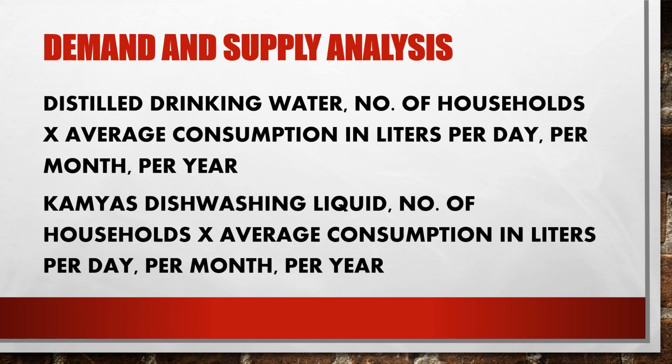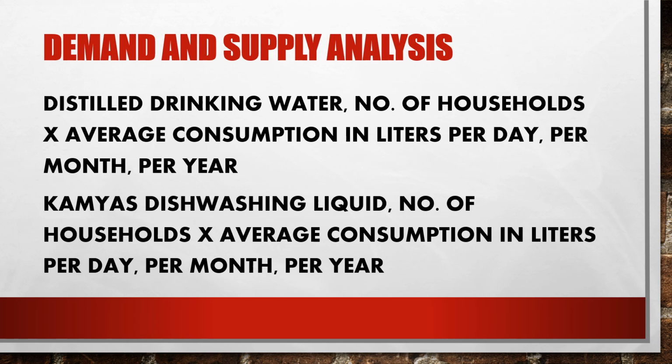Let us say your target market is the province of Bataan. You have the number of households in Bataan, then the average daily consumption in liters of each household. Then you multiply it by 12 in order to determine the number of liters consumed in a year.